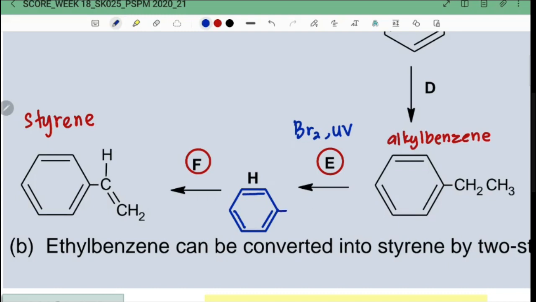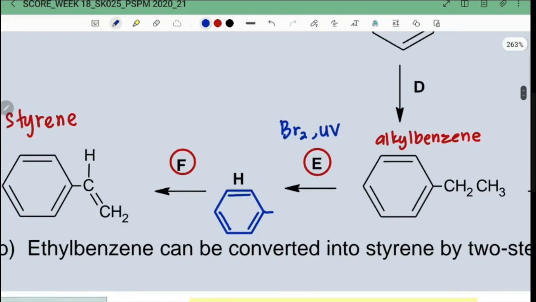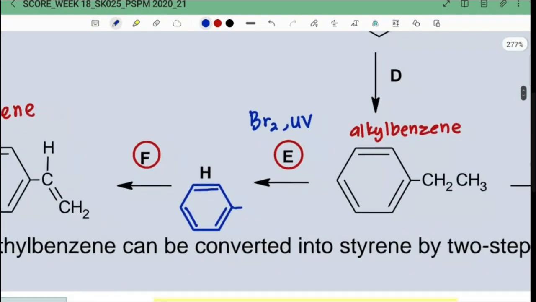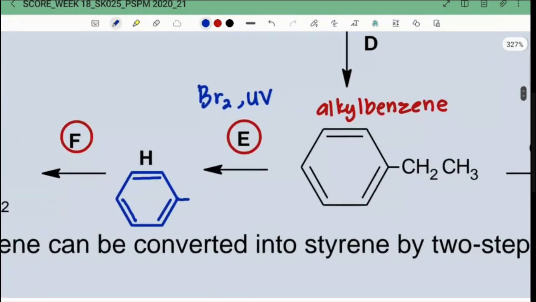So we will get H. We exchange it by free radical substitution at the hydrogen atom of the highest class.